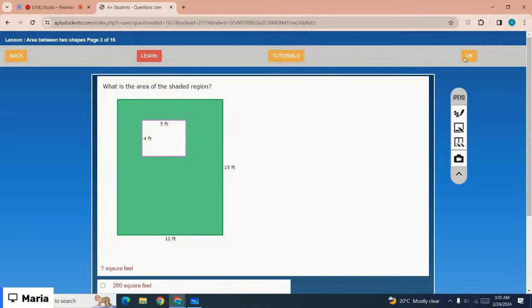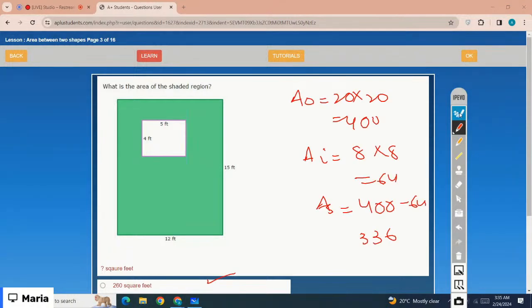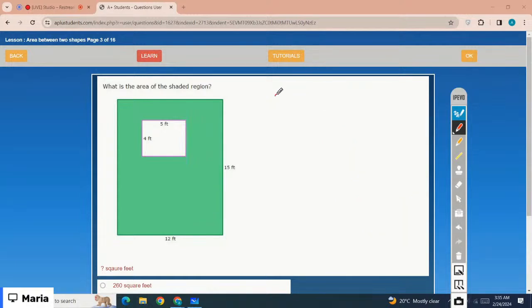So you are given two rectangles. Calculate the area of both the rectangles and then subtract. So the area of the outer one is 15 times 12, that is 180. Then the inner one is 5 times 4, that is 20.